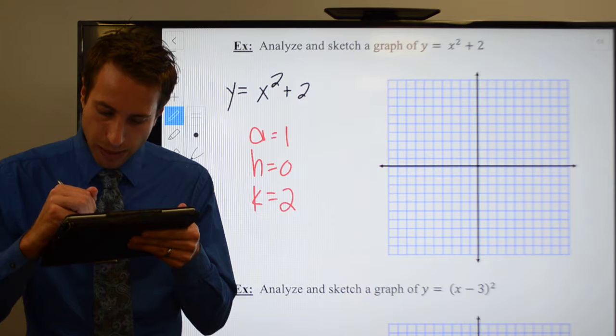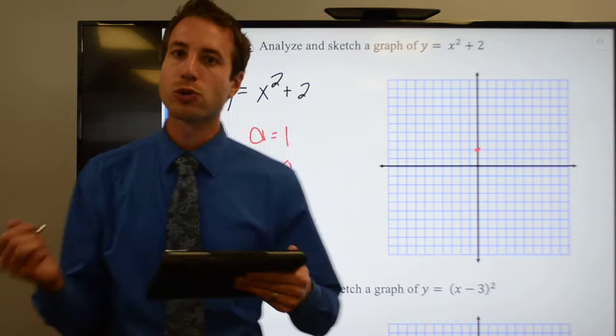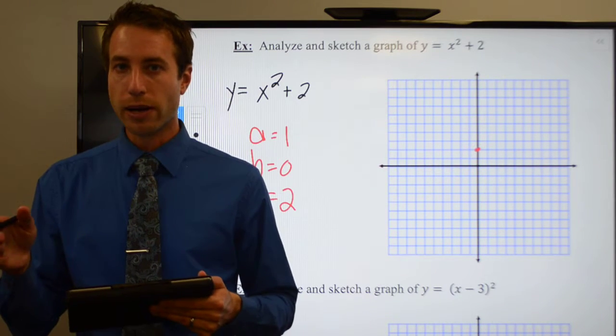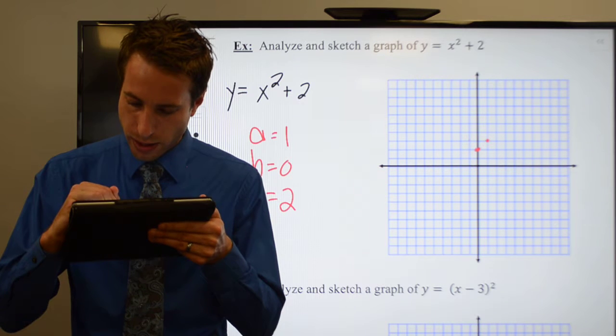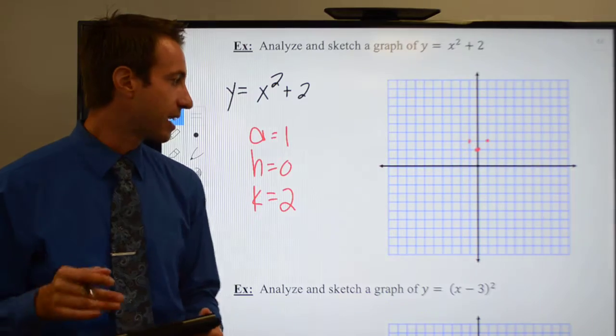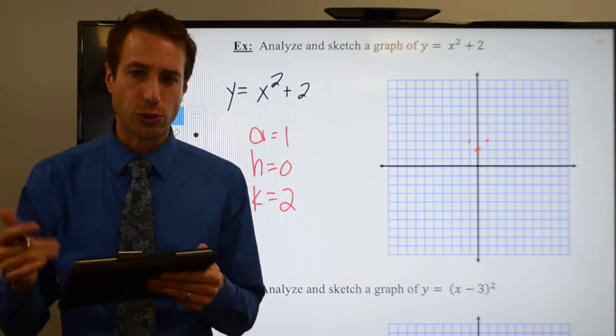So I take my parabola, and it's shifted up 2 units, so it'll start right there. And then, of course, what happens with a parabola is if I were to go to the right 1 and up 1, or to the left 1 and up 1, right? Now, if I were to go over 2, because it's quadratic, I would have to go up 4, because 2 squared is 4.